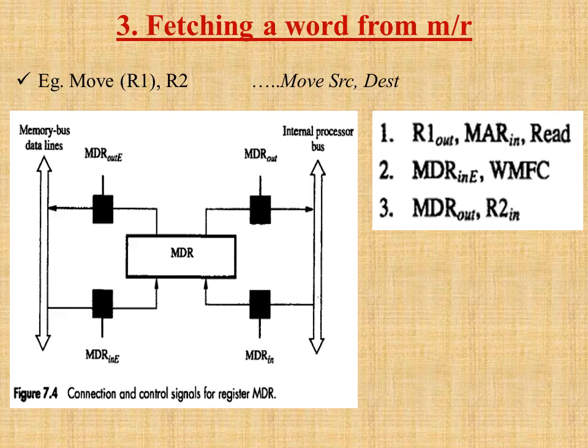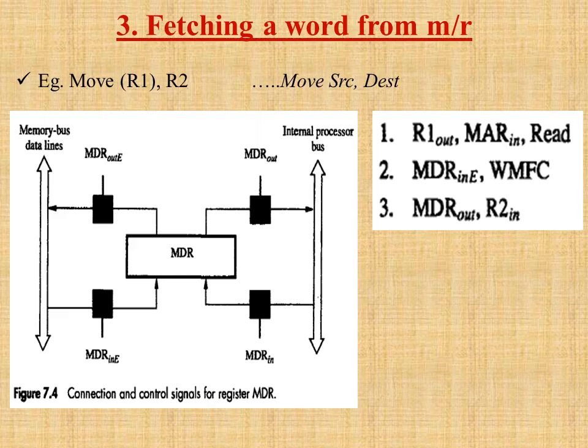This memory bus is connected to the processor via two registers, MAR and MDR. Over here in this example we are considering the MDR. How the MDR is connected to the internal processor bus is shown on the right hand side of the MDR, and how the external memory bus is connected to the MDR is shown on the left hand side.